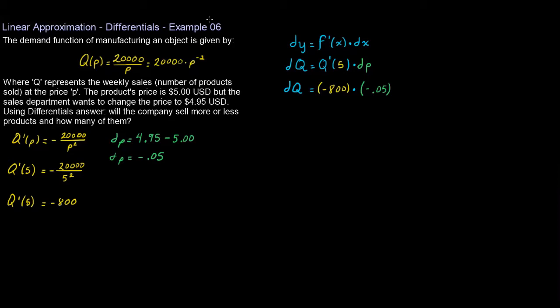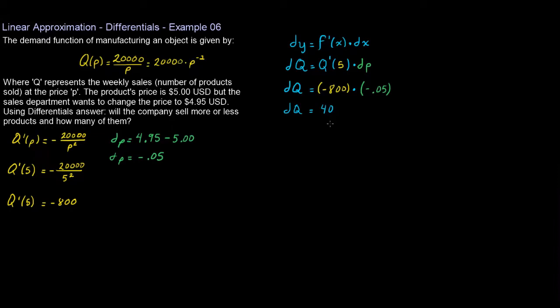Once we multiply these two, the differential of Q will be equal to 40. That is to say, this is the differential of products sold, so we'll be selling 40 more products, because this is a positive quantity.